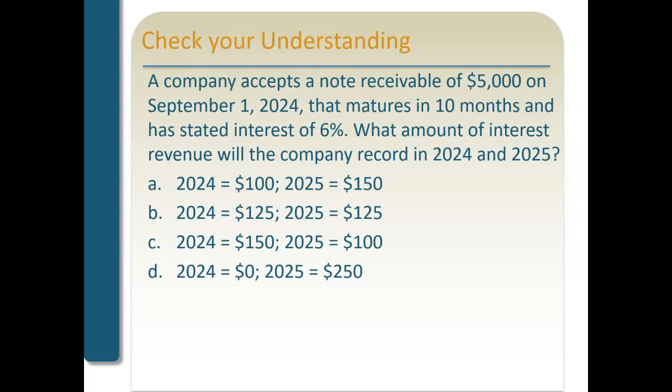But interest rate is over 12 months. Okay? Remember, when we say 6% interest, that's over 12 months. So we have to take our 5,000 times 6%, divide that by 12 months to figure out how much it is a month. Okay? So if it's 100, how much is it in 2025? 150. Does that make sense, guys?